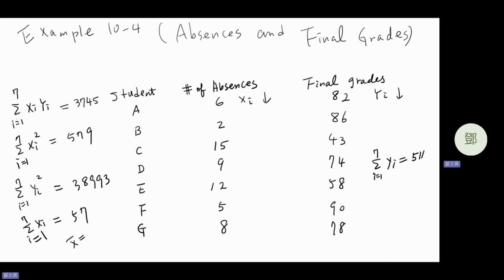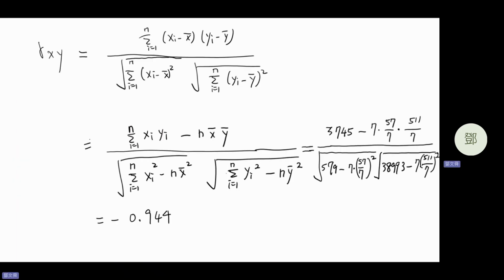Divided by 7, you will have X bar. Divided by 7, then you will have Y bar. I will give you some, and you have to do some of them on your own. So you have to obtain this and this and this. And then once you obtain that, you can put them into the formula.